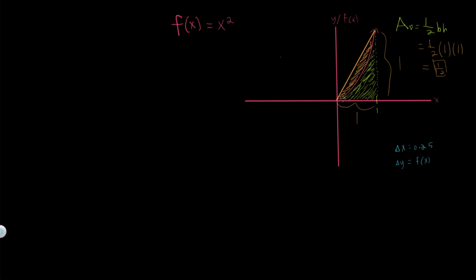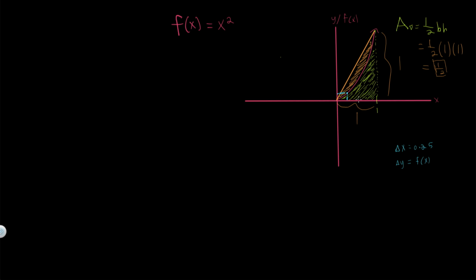So first we'll start at 0.25 with x. And our height, again, will be determined by the value of the function at this point. So our rectangle should look something like that. The next rectangle we're going to draw will be 0.25 after that rectangle. So right here.